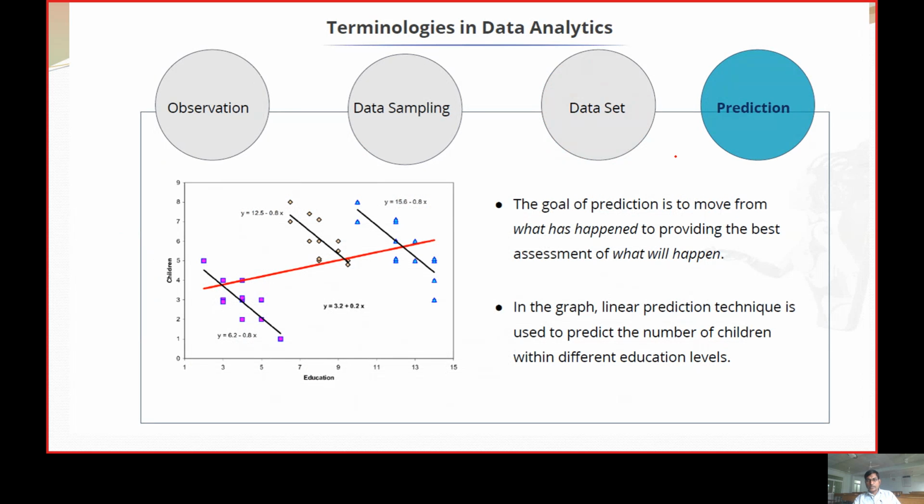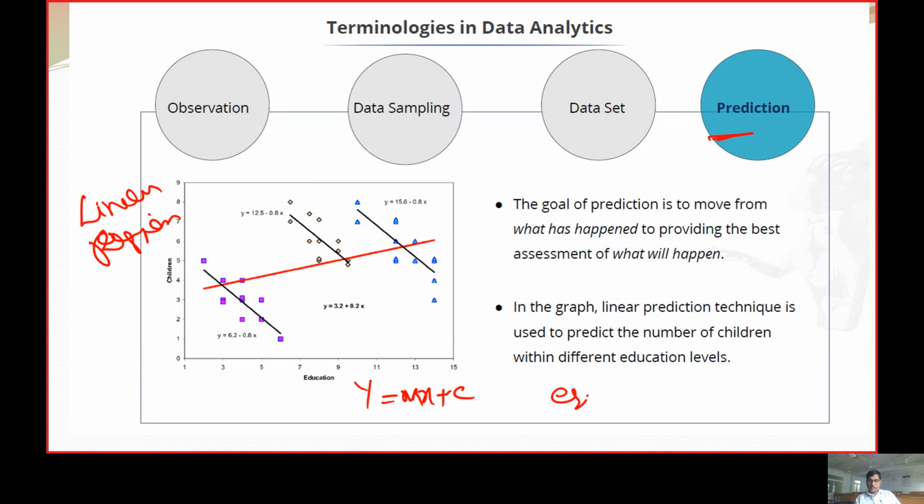To do this prediction, there are many ways of model building. One model is a form of linear regression. In linear regression, y is equal to mx plus c.